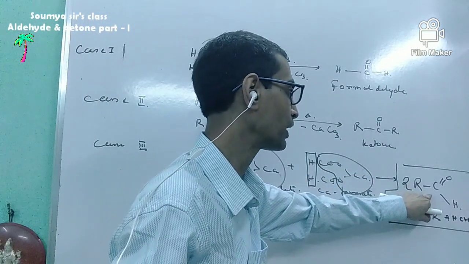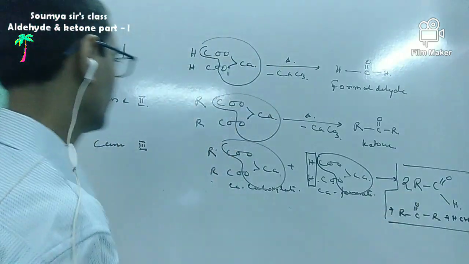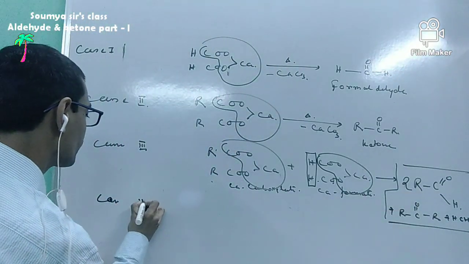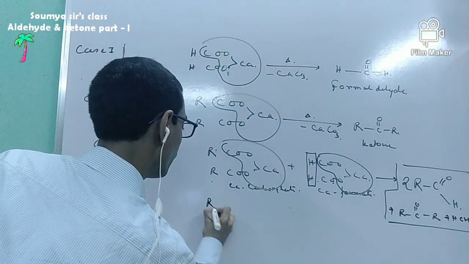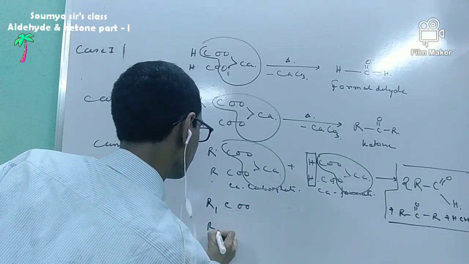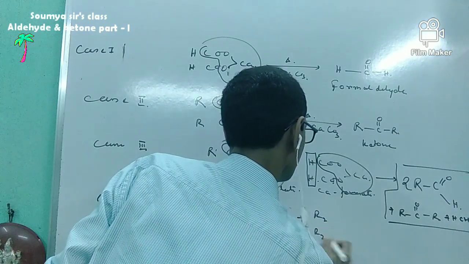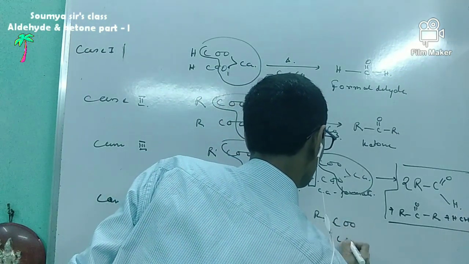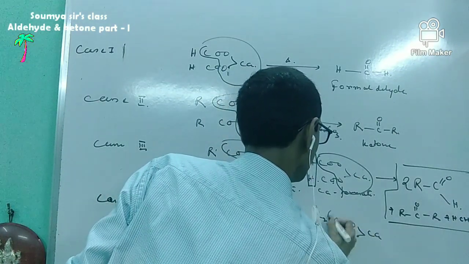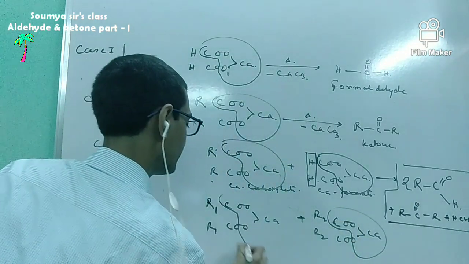Case 4 is very simple. There is one carboxylic acid salt and another carboxylic acid salt. When both are dry distilled, they liberate two molecules of calcium carbonate.